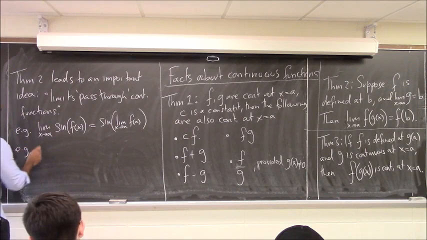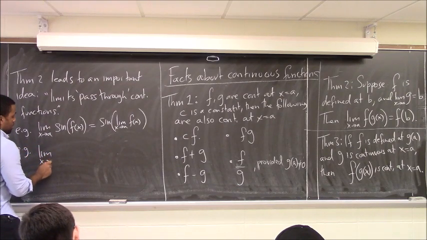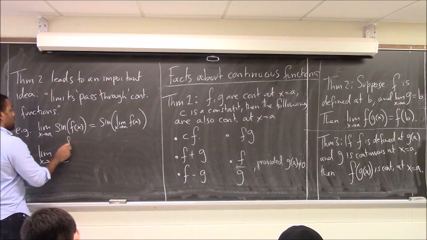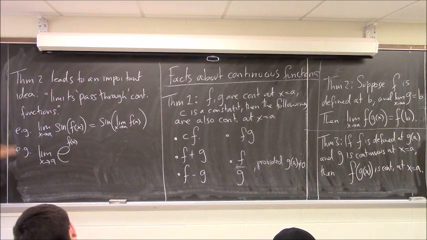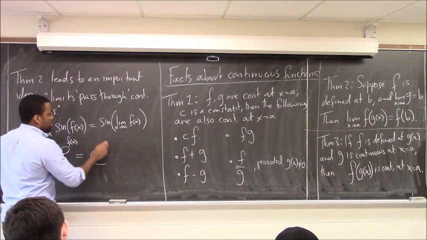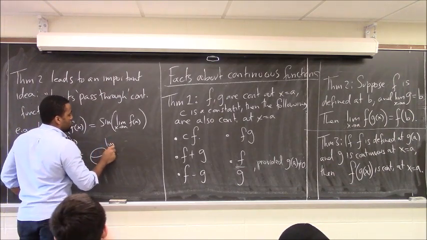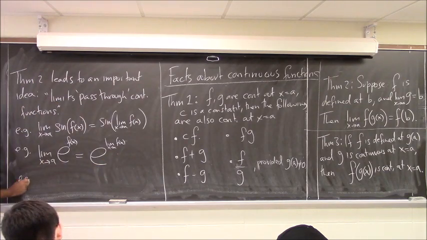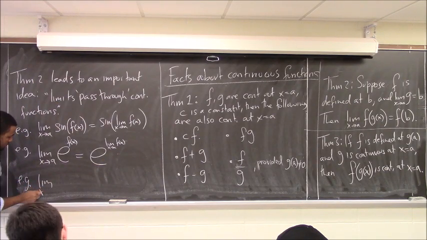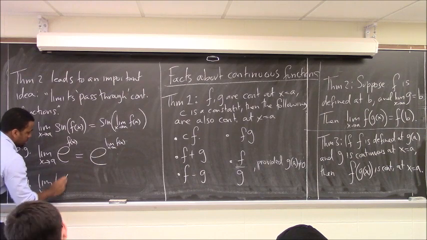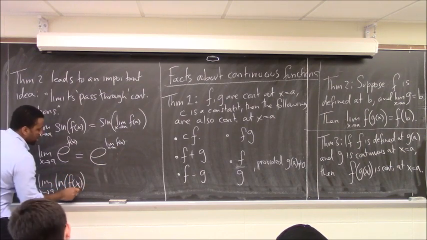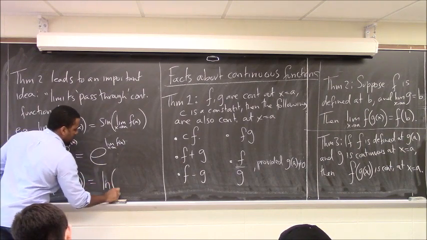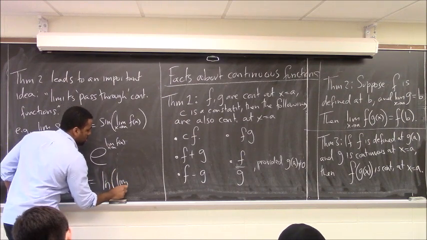This in particular could happen for exponentials, for example. So if I want to find the limit of e to some power, I can move the limit past the e and apply it directly to the power. Once these limits actually exist, both sides of this equation will give us the same result.